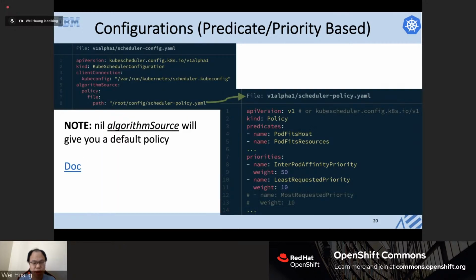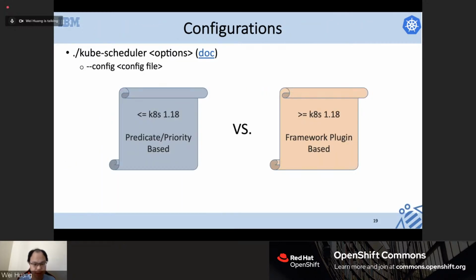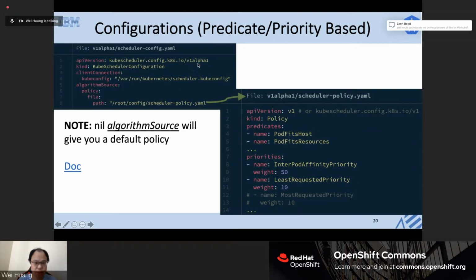So one thing I want to mention here is that if you're still using a lower version of Kubernetes, multi-profile is not supported. It's only supported from 1.18. If you still use the old version, maybe you still have to use the v1alpha1 version, and in that case, a deprecated field called algorithmSource.policy is used.